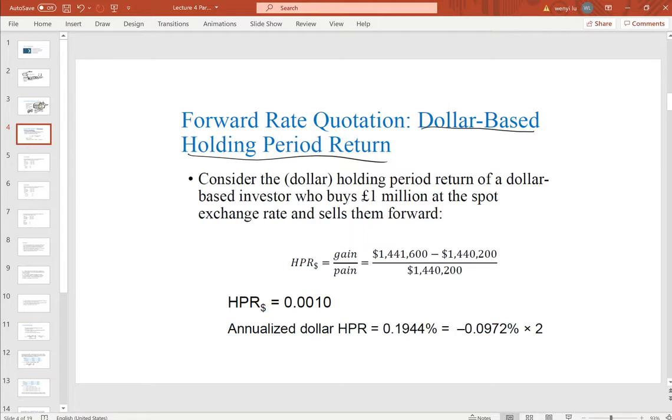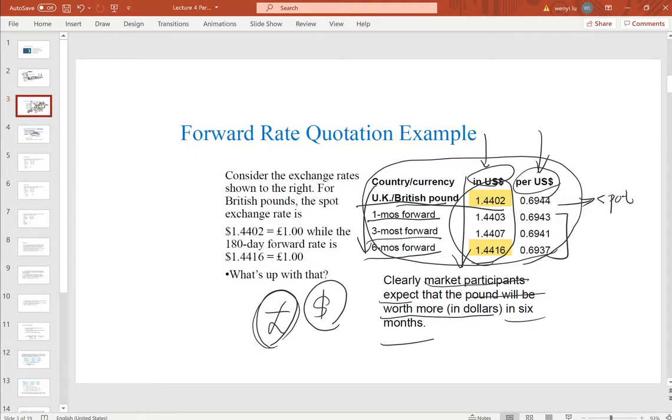Suppose we're holding the pound, right? We try to buy a million pounds at the spot rate and sell it in a forward contract. What's the spot rate? The spot rate is 1.4402. The 6-month forward rate is 1.4416.